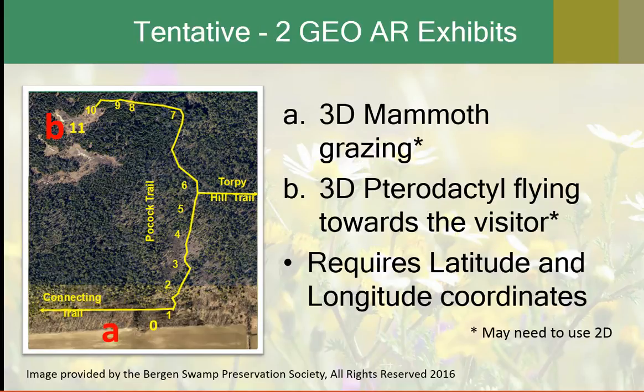I'm also tentatively looking at putting 2 geo markers or exhibits down. One being a mammoth grazing when you first come into the exhibit, and the second being a pterodactyl, which is getting pushed back. I'm being asked to put an eagle in there instead. Maybe an eagle and a pterodactyl.